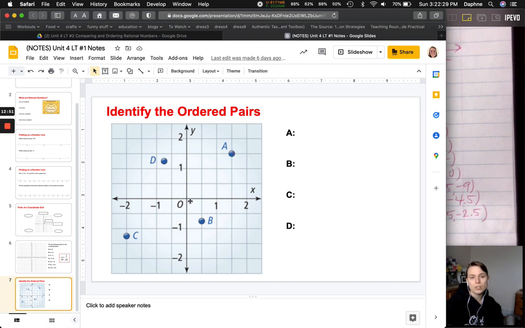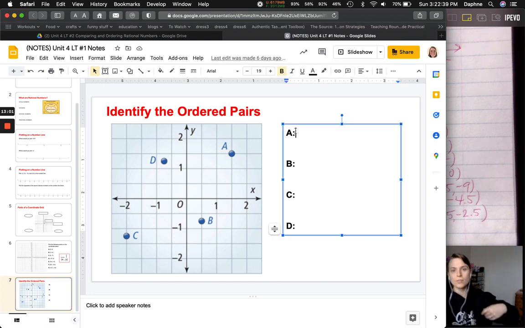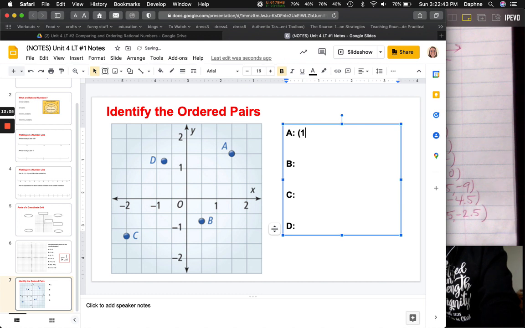Did you write 1/2, comma, -3/4? Awesome. And then, which I guess I should write these up here. So you should have 1.5, comma, 1.5. This one is 1/2, comma, -3/4.